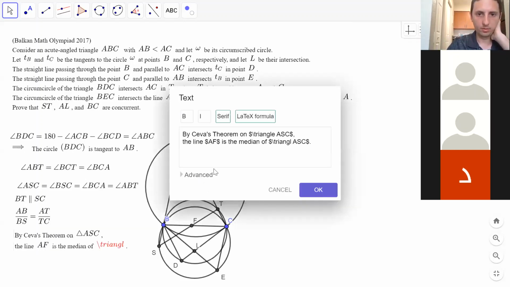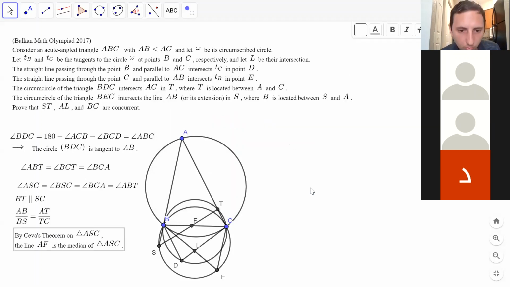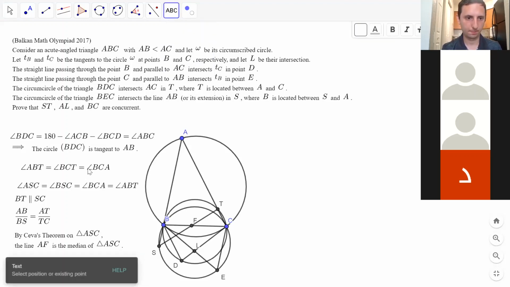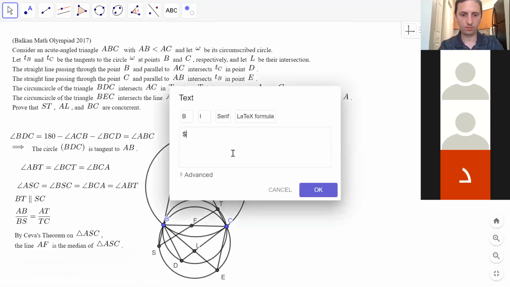All right. And so since ABC is similar to ASC, that means AF is the symmedian of triangle ABC by symmetry.